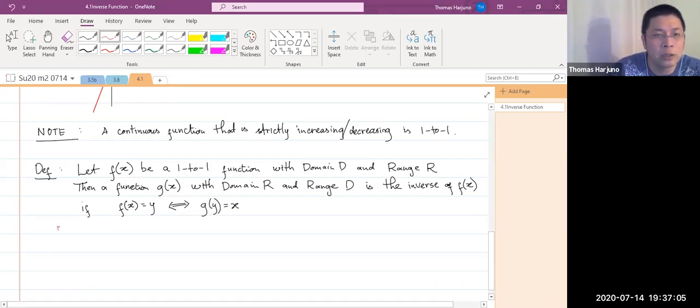In other words, g as a function cancels what f does.